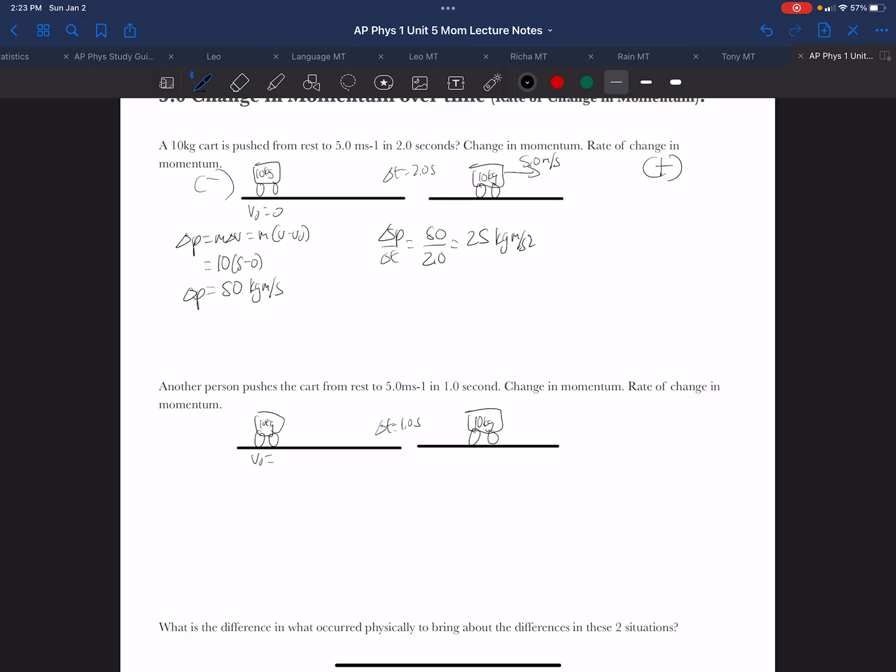The 10-kilogram cart has a velocity of 5 meters per second. So our change in momentum is m delta V, which is m(v minus V0). We have 10, final velocity of 5 minus initial 0. So, hey, our change in momentum is the same, 50 kilogram meters per second. The changes in momenta are the same.